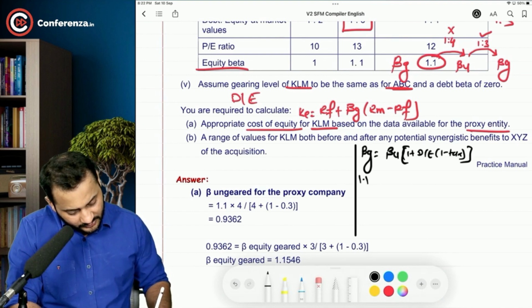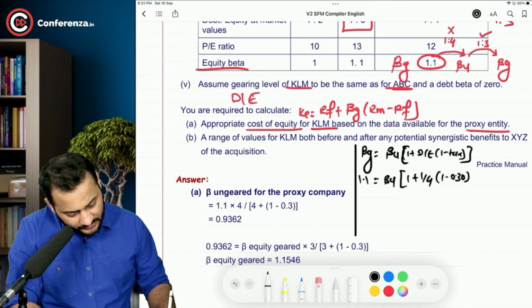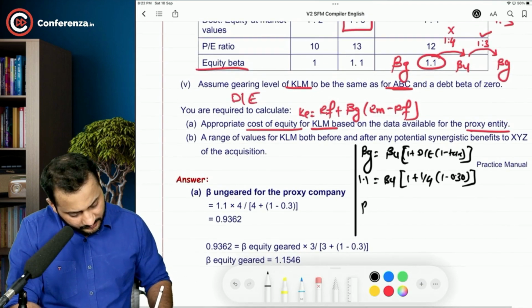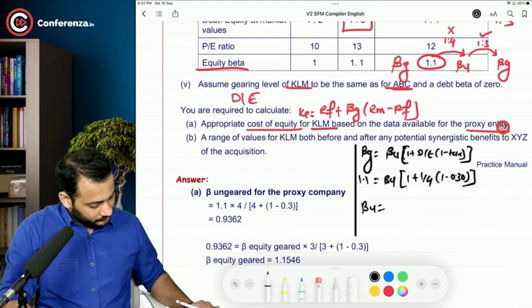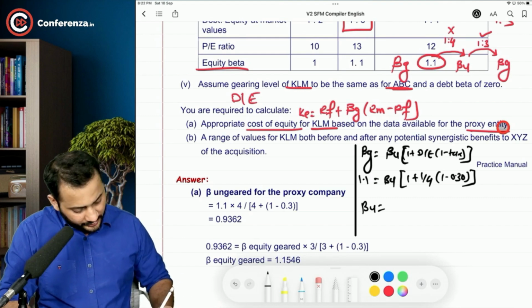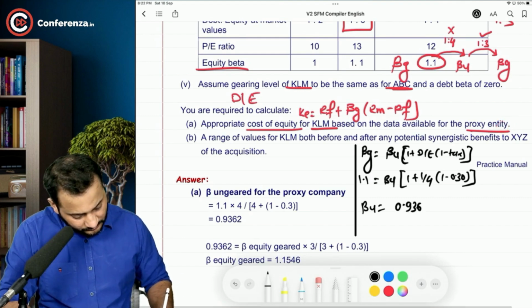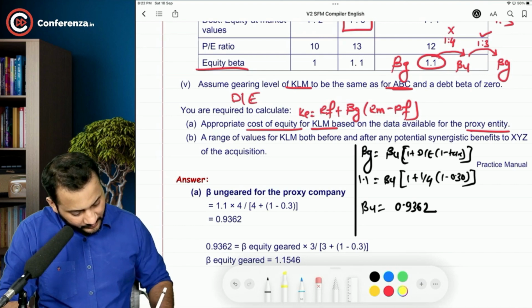So geared beta is 1.1. Ungeared beta we have to calculate. We have to remove the 1:4 debt equity ratio, with tax 1 minus 0.30. So ungeared beta will be, let me calculate, 1.1 divided by 1.175 comes to 0.9362. So we have converted it from 1.1 to 0.9362.